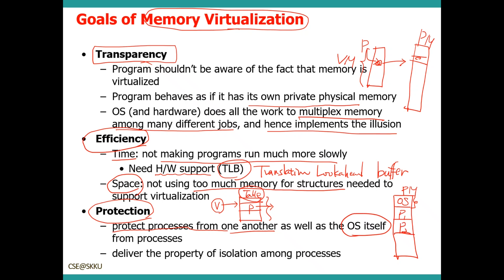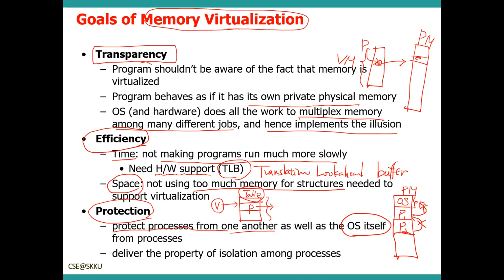This region is allocated for process 2. Then each user process cannot access the memory space allocated for the operating system. In addition, another process cannot access other process memory space. This is not permitted. Okay, so this feature is called protection.